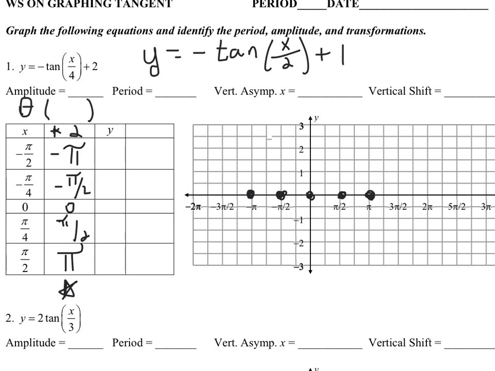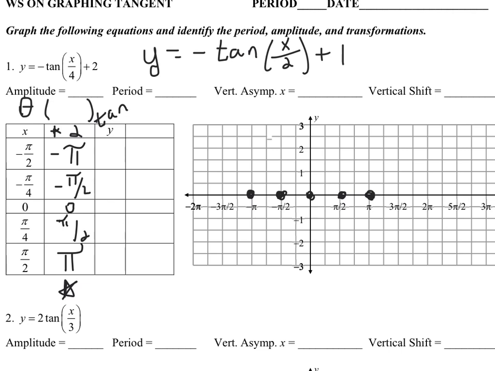Okay, the next thing we're going to do is check our period. What is happening with the period? So since we're doing tangent, since y is our tangent value, we want to see what the tangent value is for all these angles around our unit circle. Okay, so look back at your unit circle.